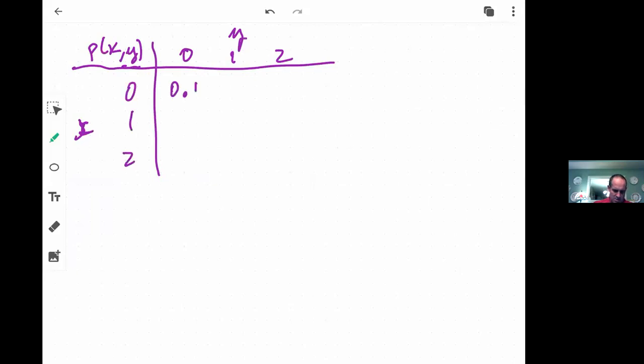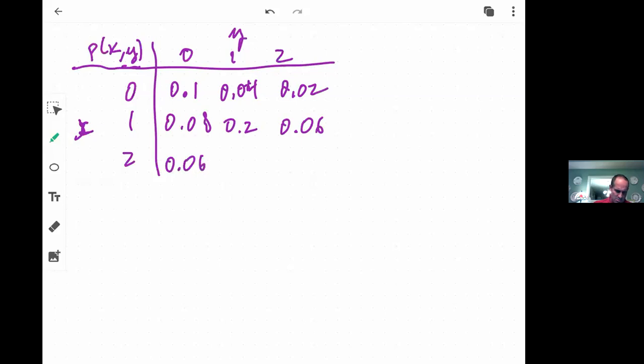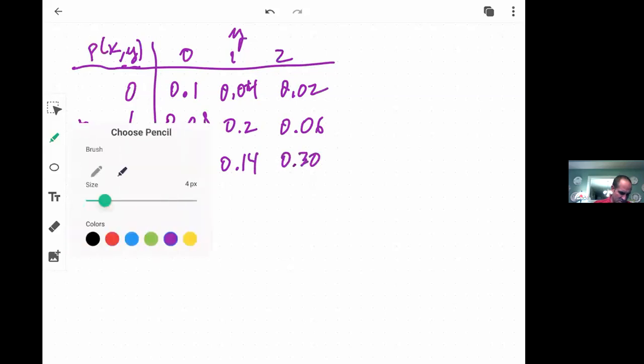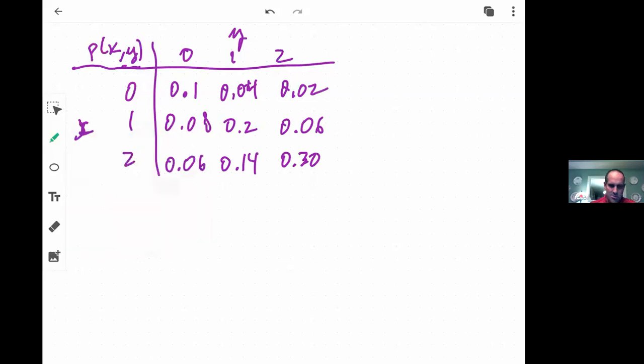I have 0.1, 0.04, 0.02, 0.08, 0.20, and 0.06, and 0.06, and 0.14, and 0.30. I'm not a purple pen guy, so I'm gonna get rid of that.